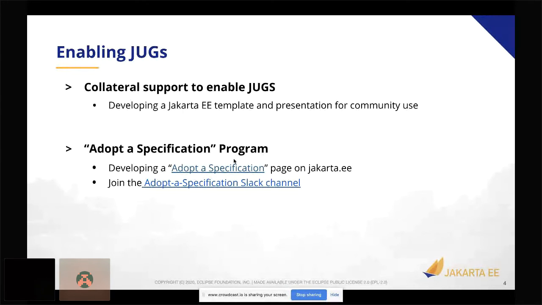Another initiative that we're working on is the Adopt a Jakarta EE Specification program, which is intended to encourage JUG leaders and members to get involved by adopting a Jakarta EE specification. So we are developing the Adopt a Specification program page.